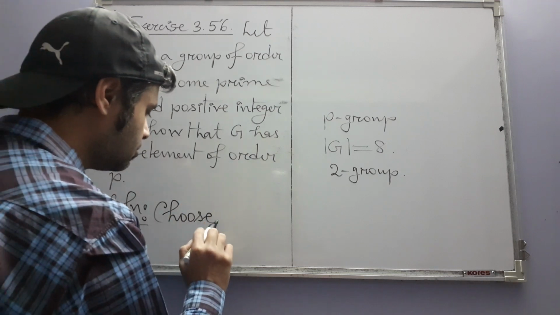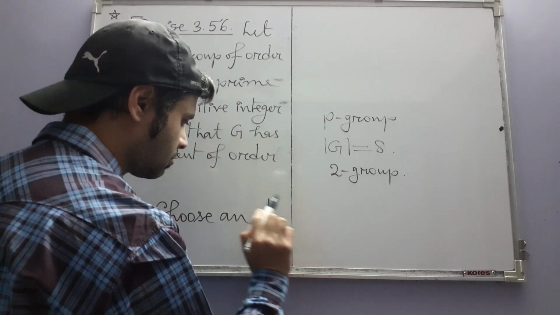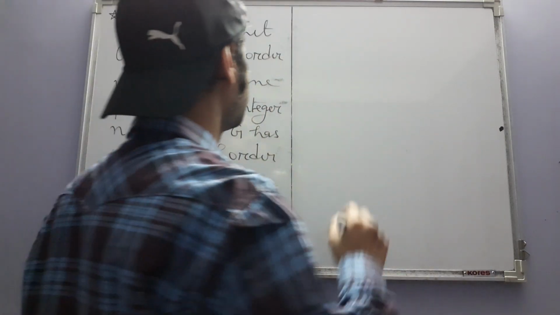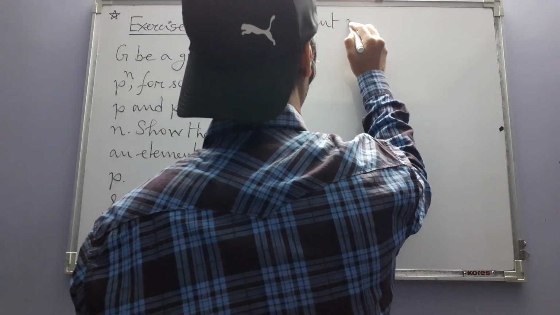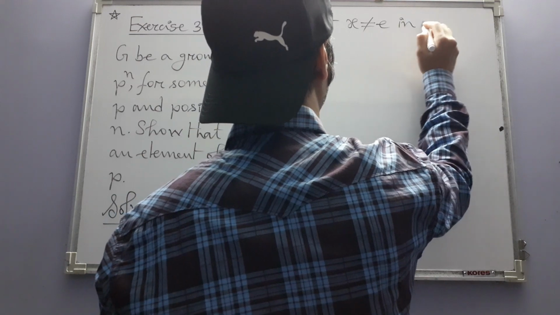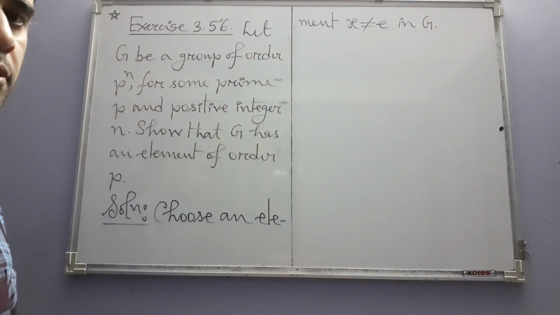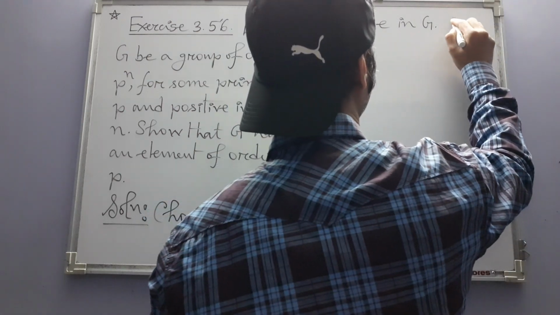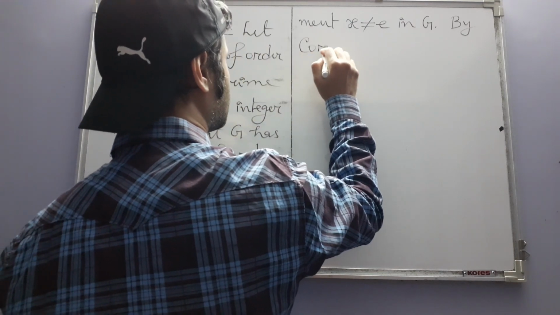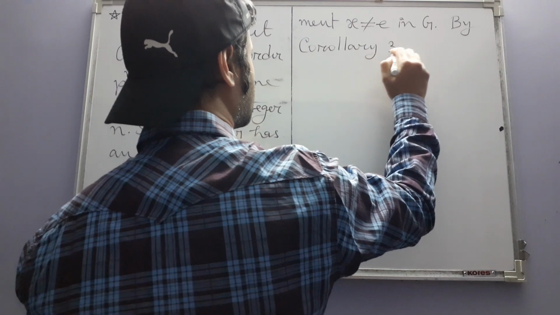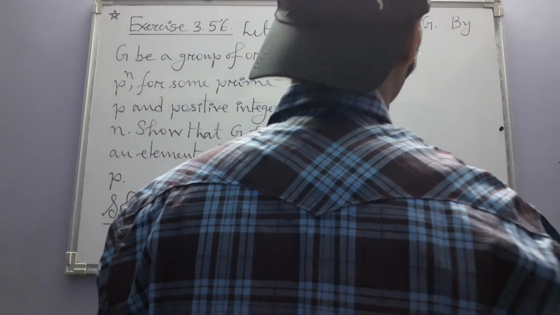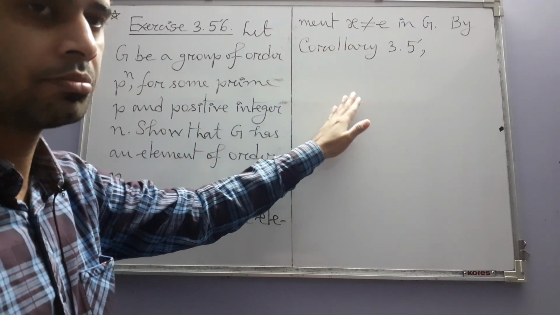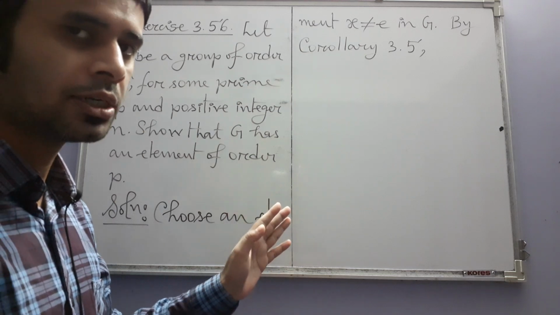So we start off by choosing an element x in G which is different from the identity element in G. Now by a corollary to Lagrange's theorem, specifically corollary 3.5, we know that the order of x, of course, will be a positive integer, because our G is a finite group, so every element should have a finite order.